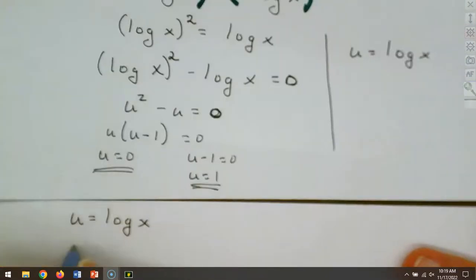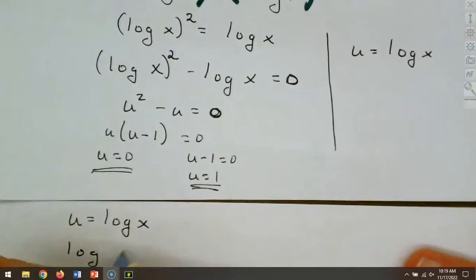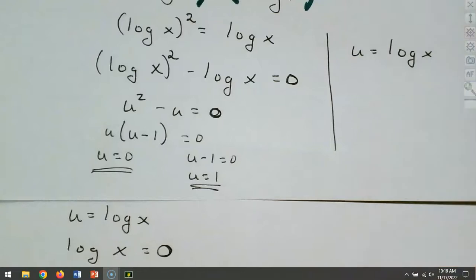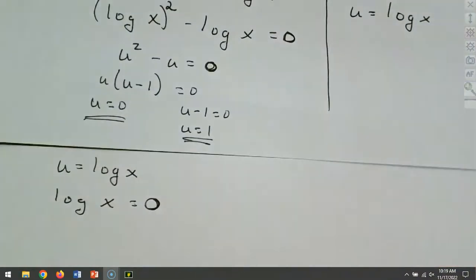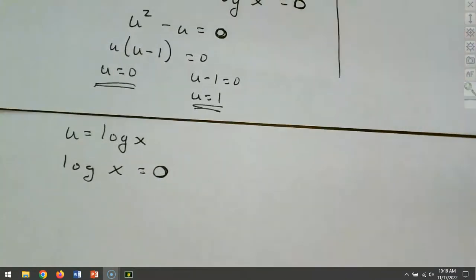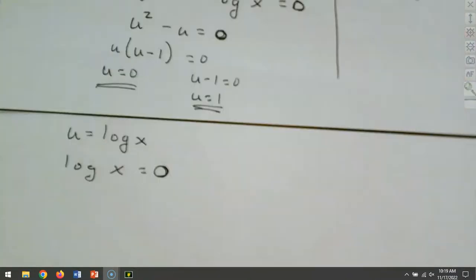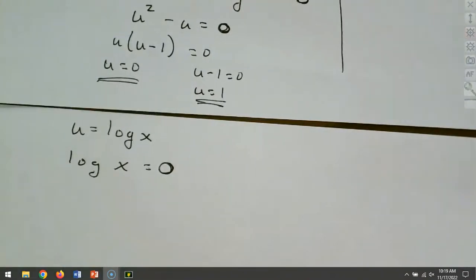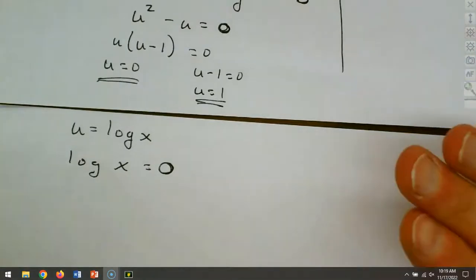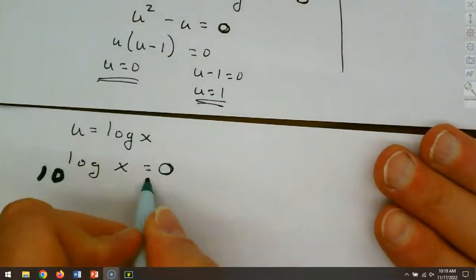So that tells you then the log of x equals 0. And what's the only number when you take the log of it that gives you 0? It's going to be 1. How else could I explain this? If I rewrote that as log of x equals 0, how do you get rid of a log? What's the opposite of a log base 10? Base 10.